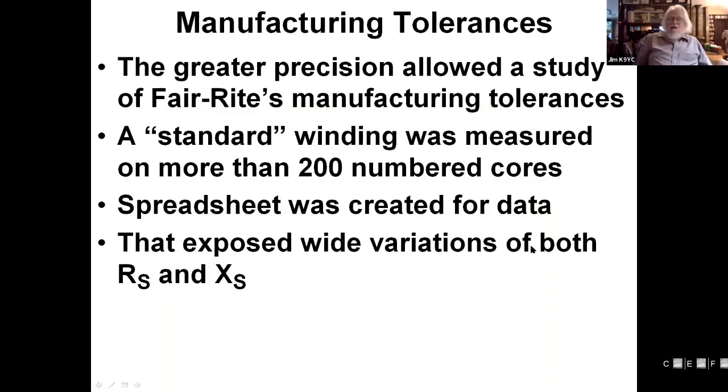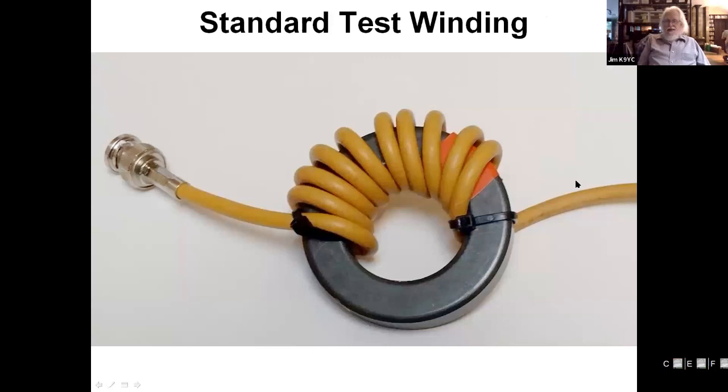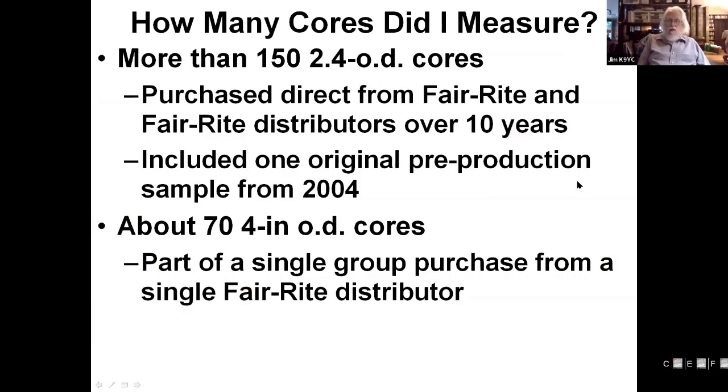And to study the tolerances, I measured a standard winding on more than 200 numbered cores. I created a spreadsheet for the data and studied the variations in both Rs and Xs for that standard winding. That's what the standard winding looked like. So I had in my stash more than 150 of the 2.4-inch OD cores that had been purchased directly from Ferrite or from Ferrite distributors over a period of at least 10 years.